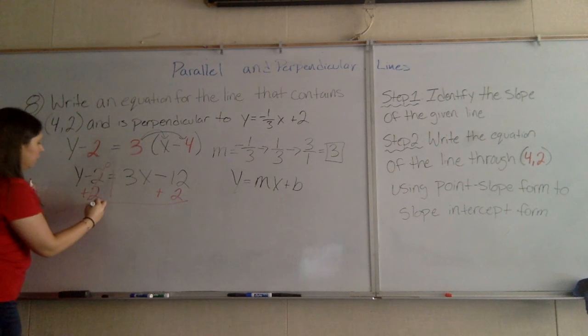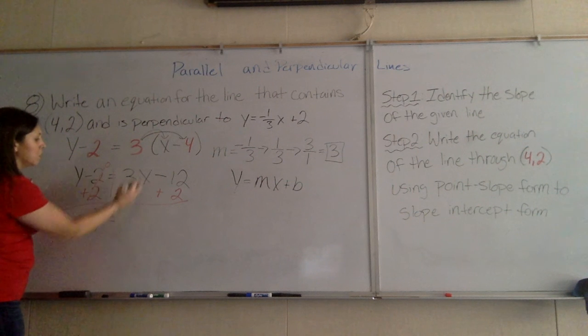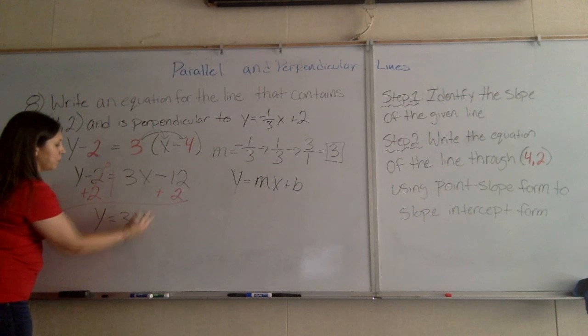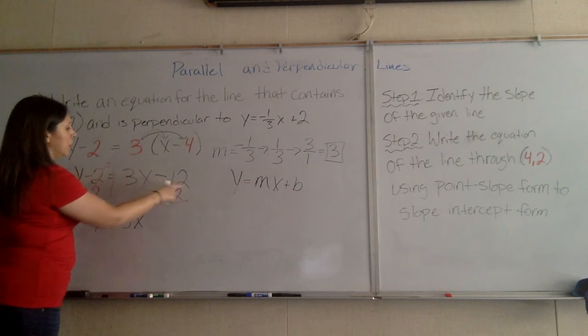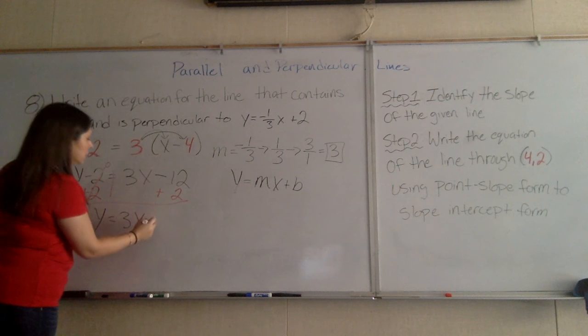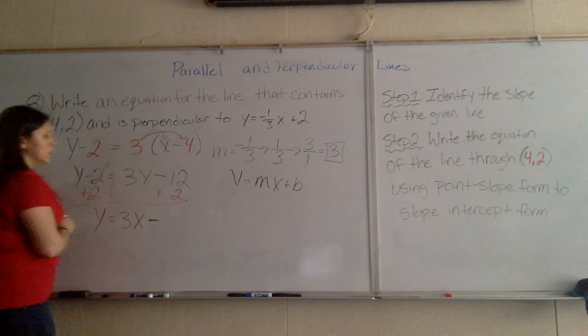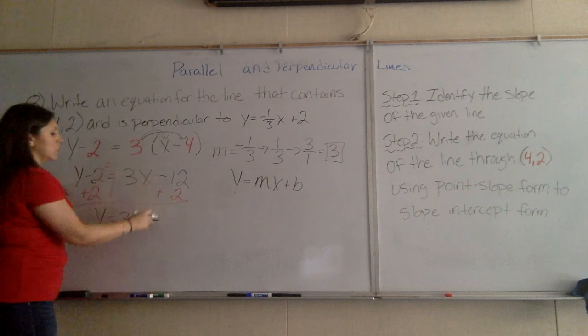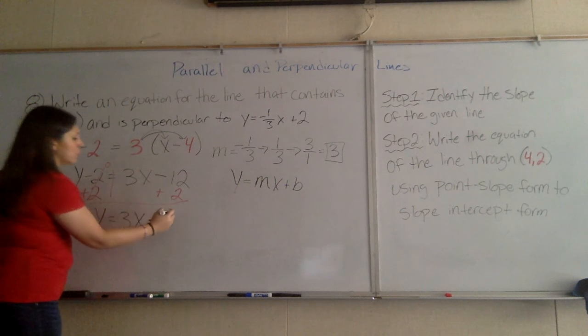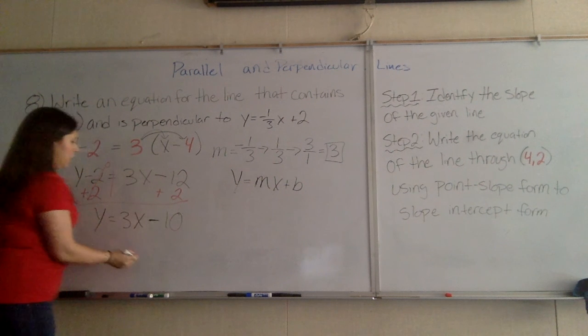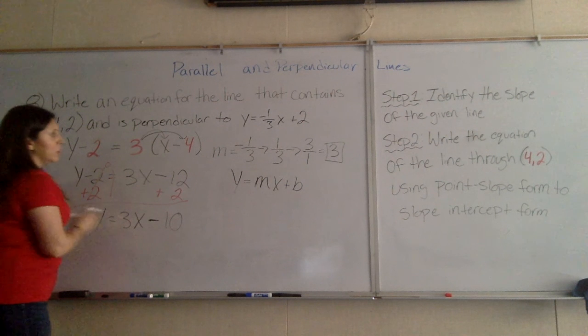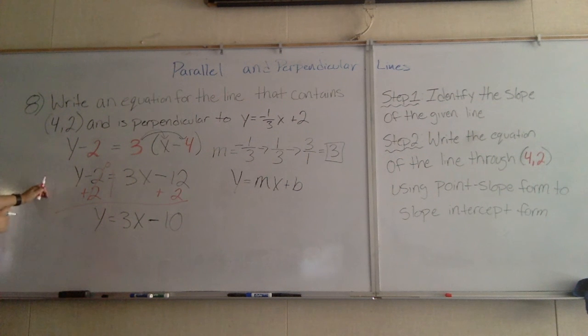I'm left with y equals, bring down my 3x, negative 12 and positive 2, different signs. So I'm going to keep the sign of the bigger number, so it's going to be negative. 12 minus 2 gives me a 10. And I don't need to simplify anything else. So my answer will be y equals 3x minus 10.